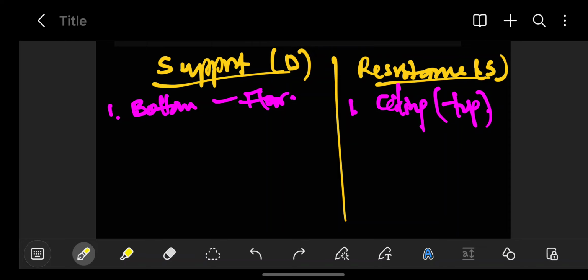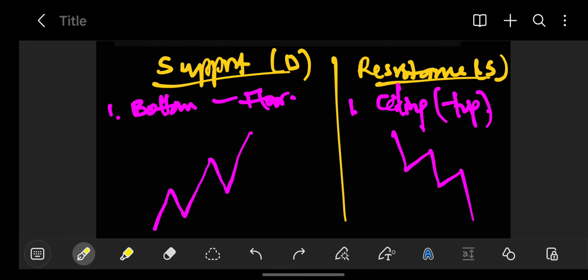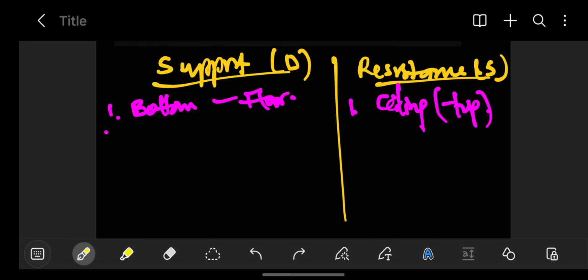So for now, I just want us to agree on something, right? Remember, when the market is moving, it moves like this, right? When it's going up, it moves like that, and then when it's going down, it moves like this, right? But before I get to this point, let's first say the support is more associated with the bulls or the buyers.